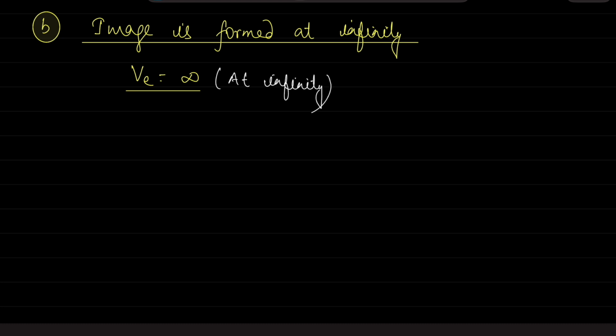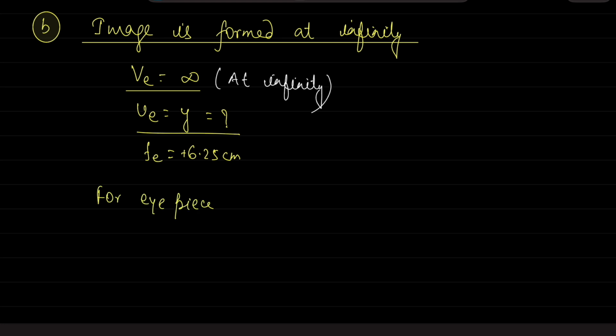Now we have to find UE. This is actually our y. So what is the value of it when we have FE given as 6.25 centimeter and it is positive? Let's again use the lens formula for the eyepiece. So 1 by FE is equal to 1 by VE minus 1 by UE.